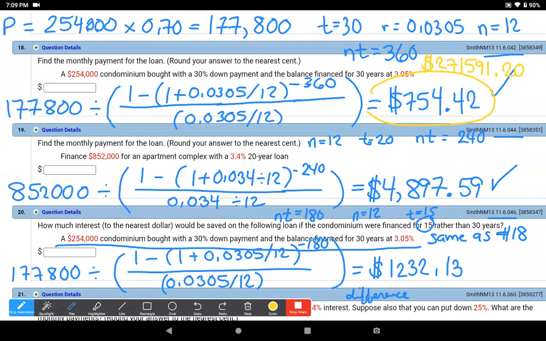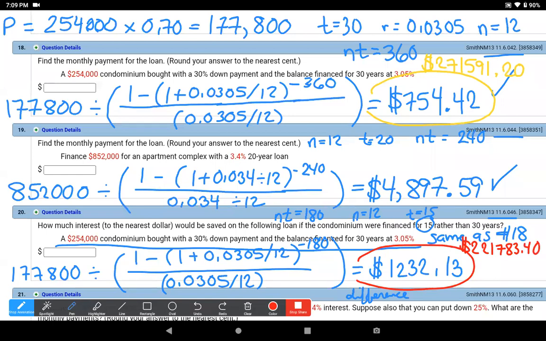Now, if we take a look at the lower value that we got here, this one, they're paying 1232.13, and they're paying that for 180 months, right? So in this version, they're paying 221,783.40, right?